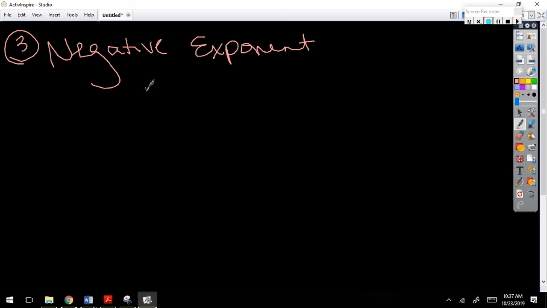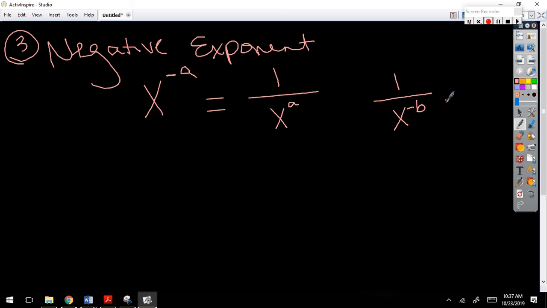But what it says is if I have this base with a negative exponent on it, all it does is it becomes positive and it moves. If it starts in the top negative, it moves down to the bottom and becomes positive. If it starts in the bottom negative, anytime it crosses the fraction line, it changes signs, essentially. If it crosses down, it changes signs. If it crosses up, it changes signs.